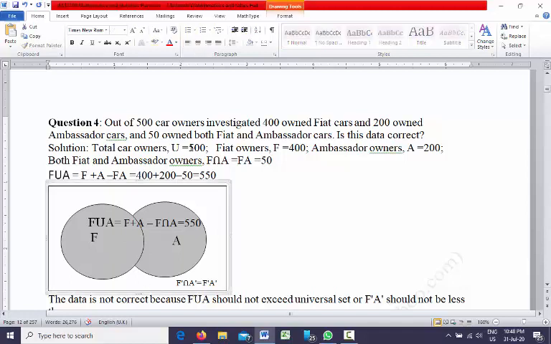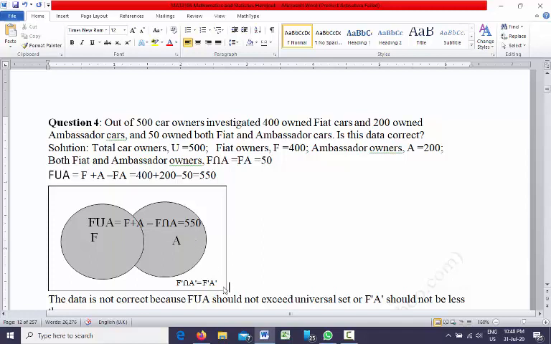The rectangular area shows that we have a total of 500 car owners. But after calculation, F union A is 550, and F union A is the shaded area. The shaded area cannot exceed the rectangular area.